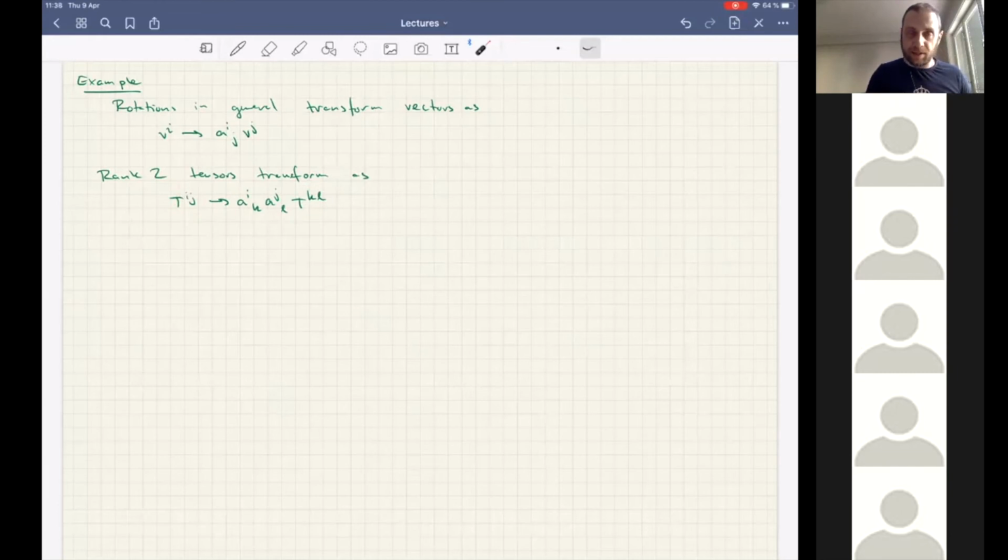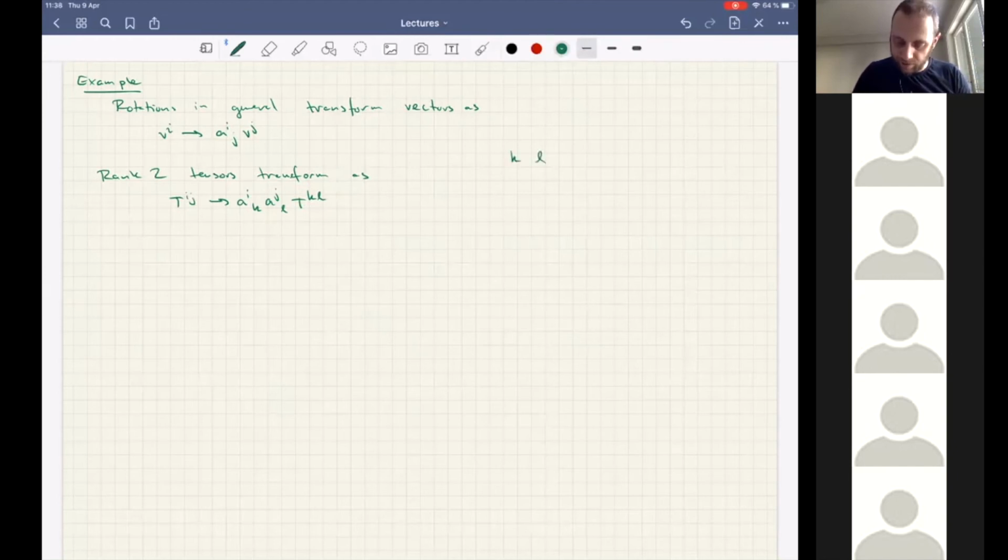So this is the transformation rule. And if you look at the tensor product space here, since we're looking at 2-dimensional vectors, the rank 2 tensors form a 4-dimensional vector space because there are 4 possibilities of choosing K and L. So let's write those down.